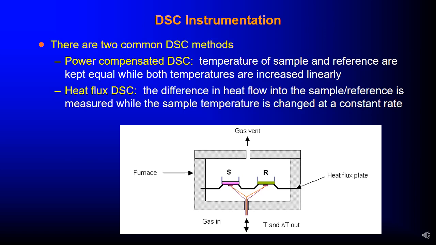So for differential scanning calorimetry instrumentation, there are two common methods. We have the power compensated differential scanning calorimetry, where the temperatures of the sample and reference are kept equal while both temperatures are increased linearly.